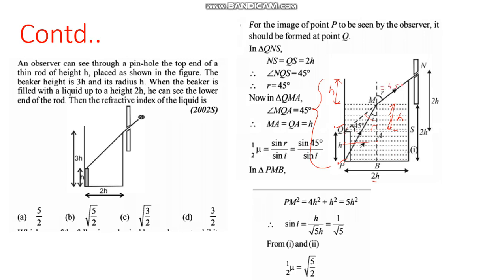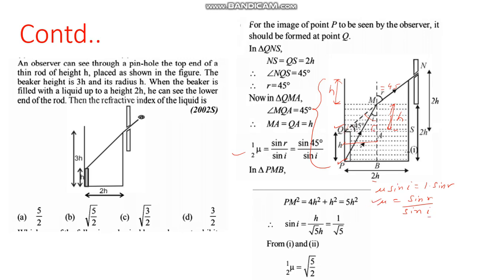Now after that you need to write Snell's law. Let us say this refractive index is mu. So you can write mu sin i equals 1 times sin r, so mu equals sin r by sin i. But r is 45 degrees, you already worked out, so it will be sin 45. Now for finding mu you need to work out this i value.